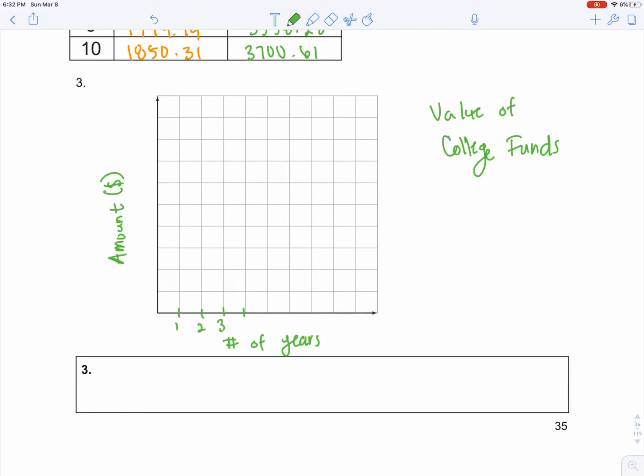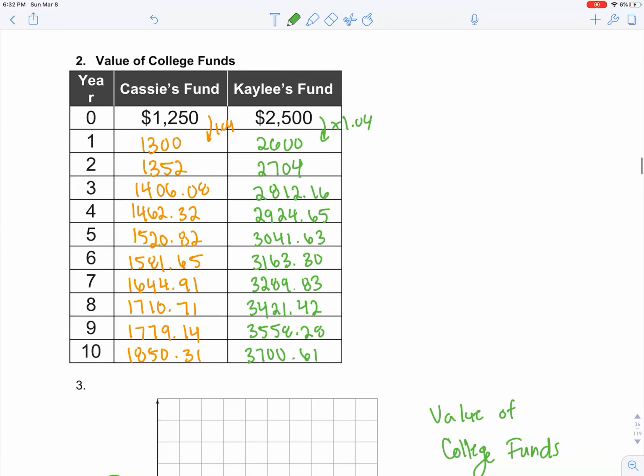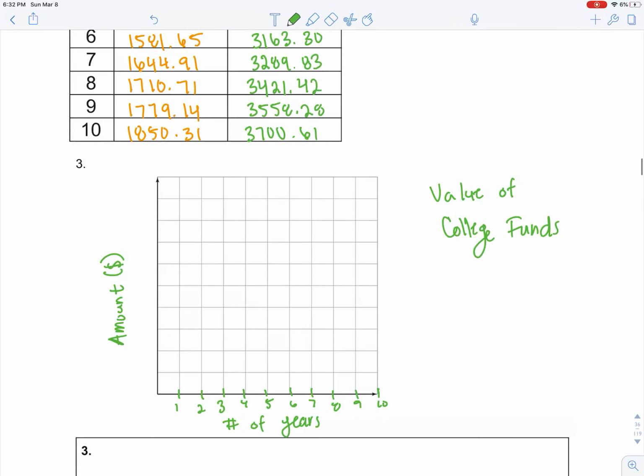So labeling across the bottom, 1, 2, 3, 4, 5, 6, 7, 8, 9, and 10. And then across the left side, along the y-axis, maybe we should go up by 500s.